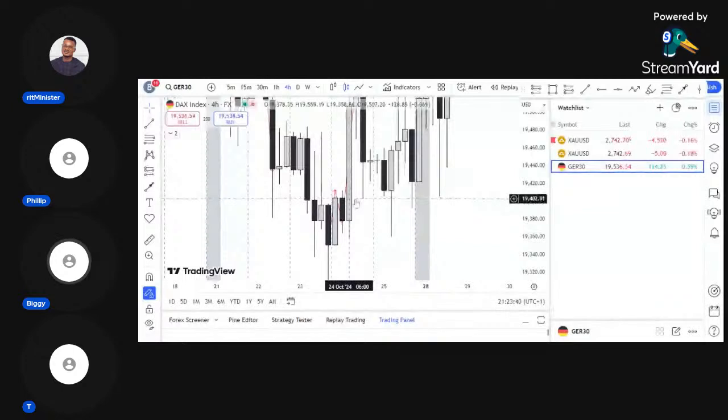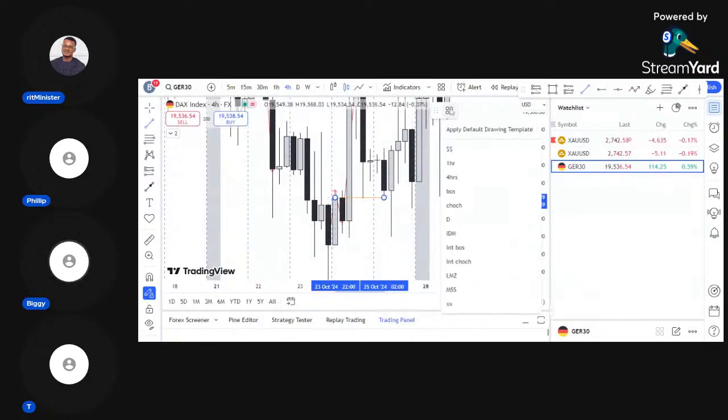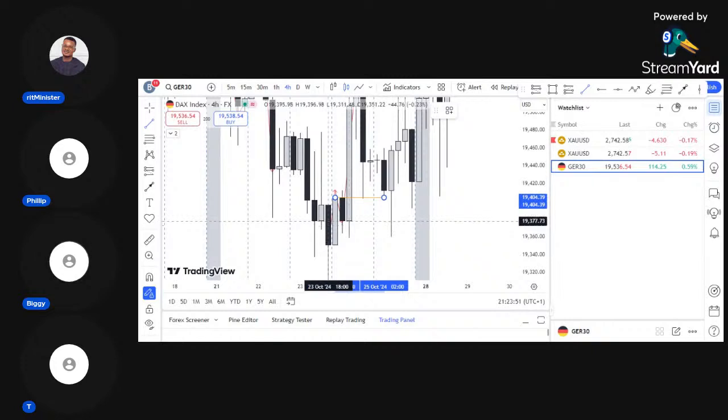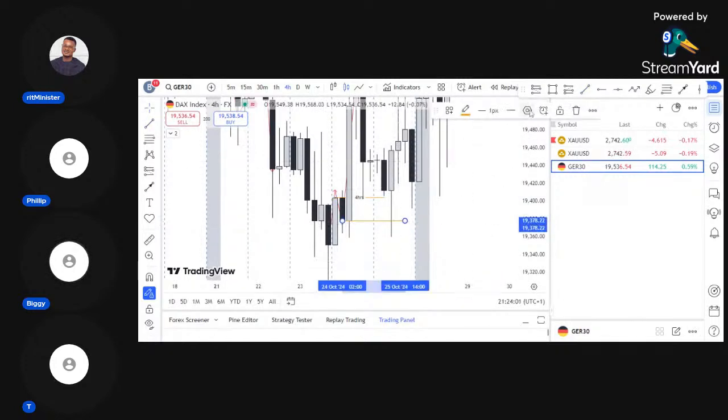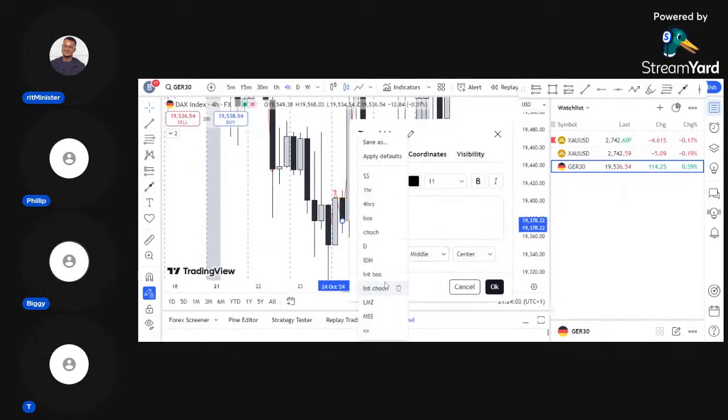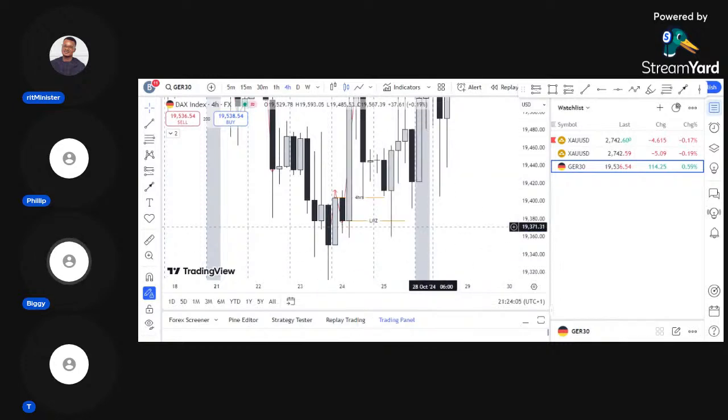This first candle here is the 4 hour candle, so I normally mark this as 4 hours. Then the last candle is what is considered the LMZ candle, the LMZ zone, because that is the last point of interest for that market. If the market violates this zone here, that means we've shifted trend from bullish to bearish.